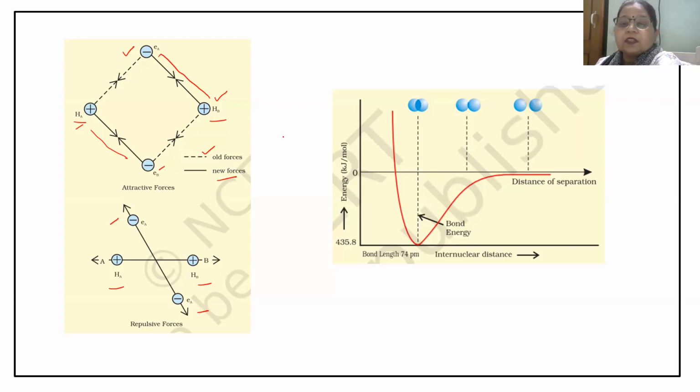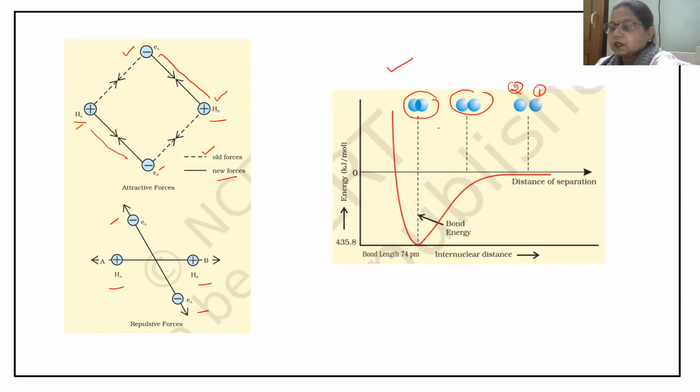Now coming to the next image, where we can see that there are two hydrogen atoms. This was the first and the second atom. Now what they are doing, they're coming closer, you can see. At this place, they are coming closer, and in this place, they are half overlapping each other.